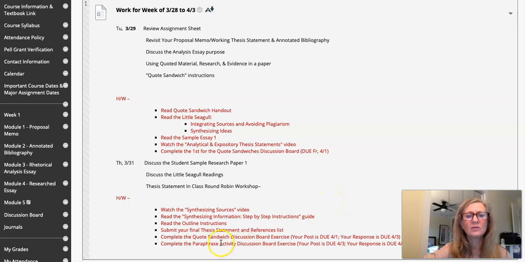The other things that were due on Sunday night had to do with your 2 discussion boards. It was your quote sandwich discussion board, wherein you're learning to synthesize information and incorporate quotes into your writing in terms of using signal phrases to introduce the quote, using the quote appropriately, and then following up with some sort of discussion about what was important about that quote.